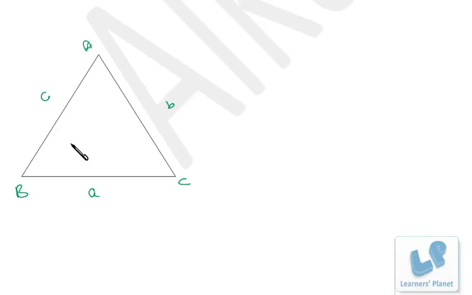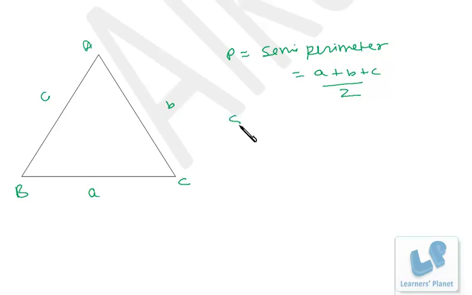Now, the next thing is I introduce P. P is the semi-perimeter, right? The perimeter will obviously be a plus b plus c, and the semi-perimeter will be (a plus b plus c) by 2. So P is the semi-perimeter for this triangle. And suppose S is the area of the triangle.